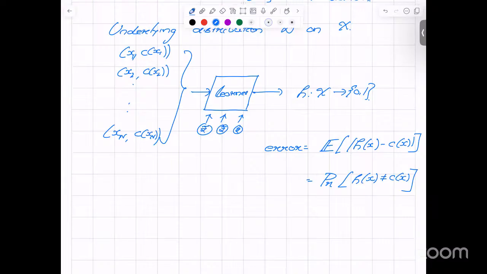Because the learner doesn't know the distribution, the error is also measured on that distribution. You are given samples from a distribution, you have to come up with some hypothesis, and you have to ensure that on that unknown distribution you perform very well. That's important.